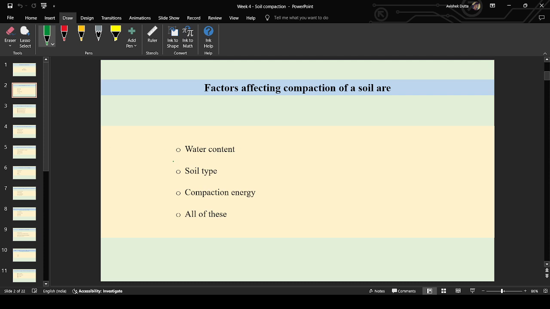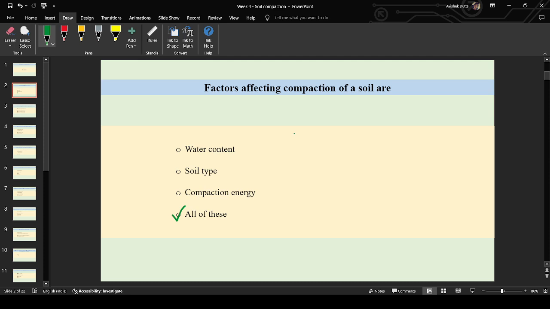All of these. Yes, all of this, because first of all, we know that moisture content, obviously, is important. We need to add water before we can go for the compaction procedure. Soil type, definitely, because the particle size distribution or the gradation of the soil is very important.